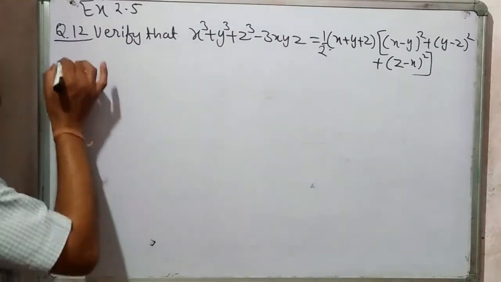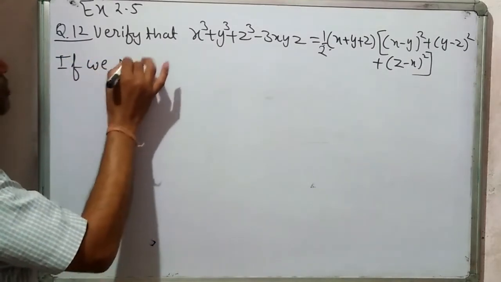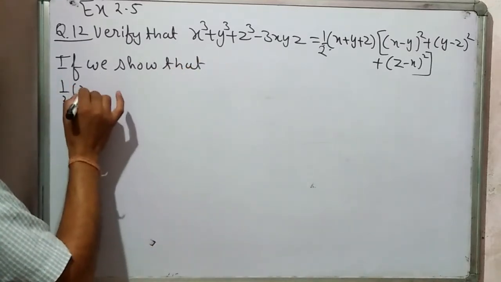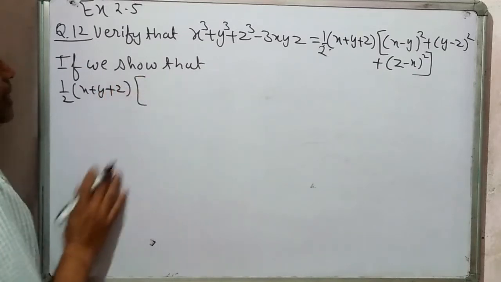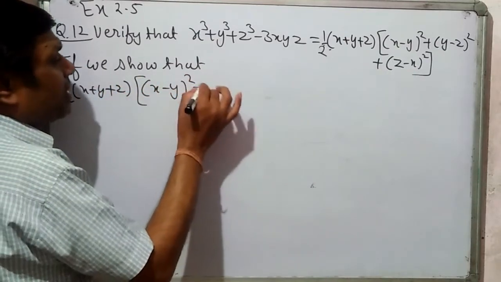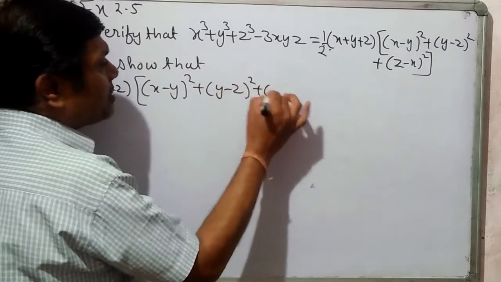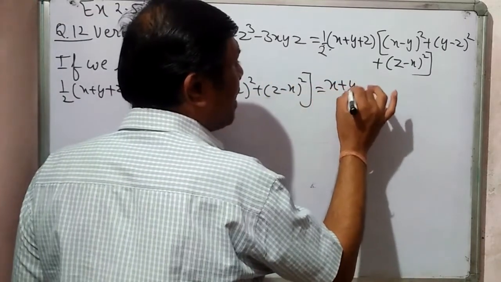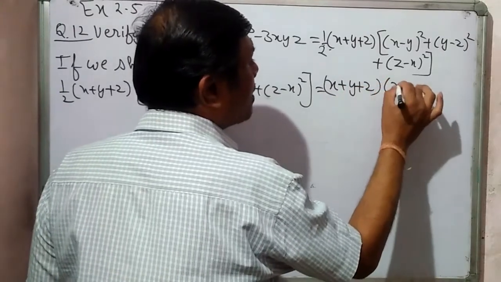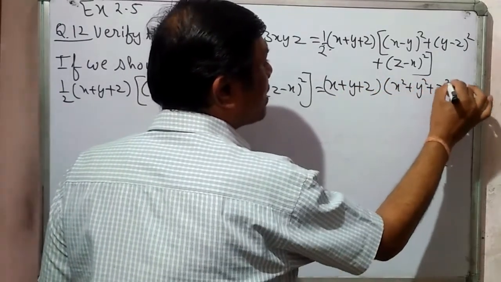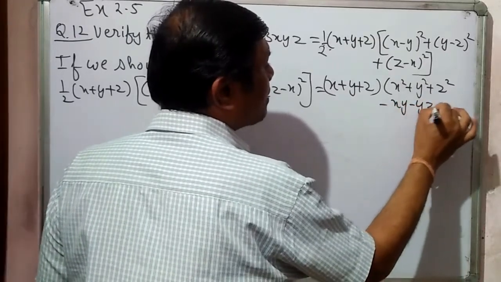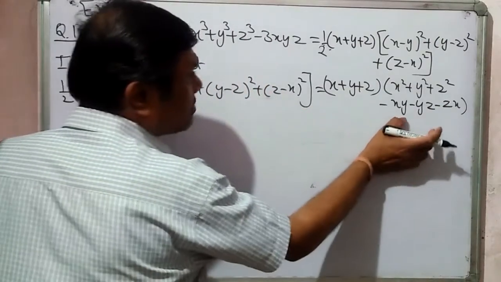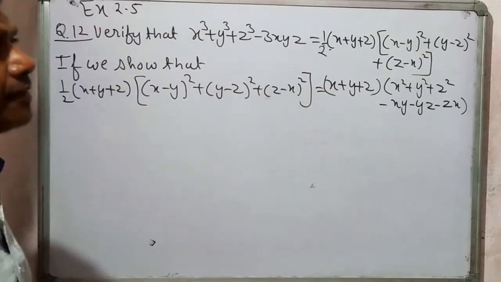That means if we show that the right hand side, half of x plus y plus z multiplied with x minus y whole square plus y minus z whole square plus z minus x whole square, is equal to x plus y plus z multiplied with x square plus y square plus z square minus xy minus yz minus zx, then this right hand side is actually our identity.